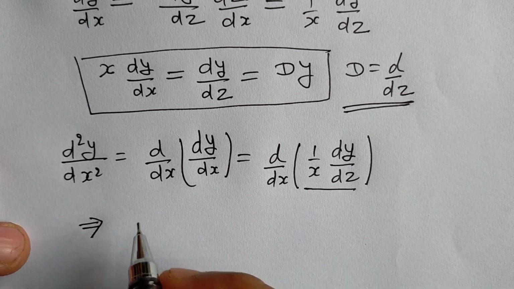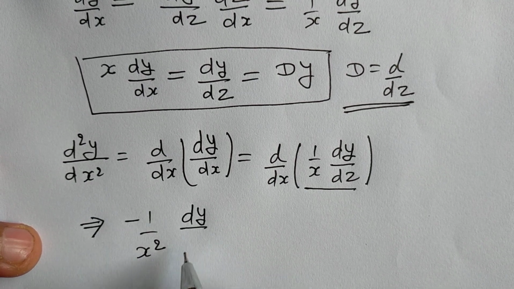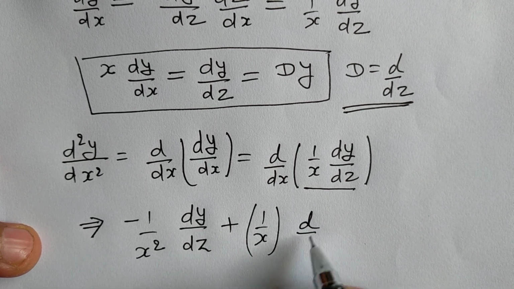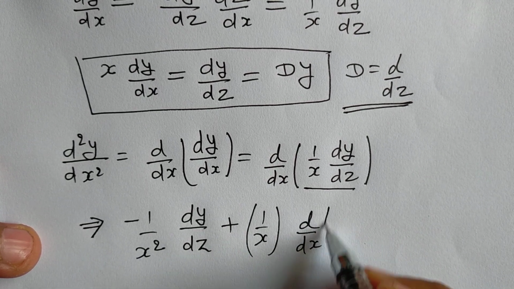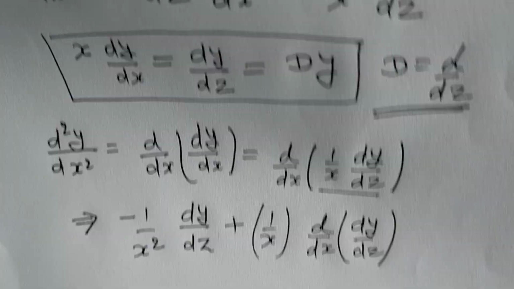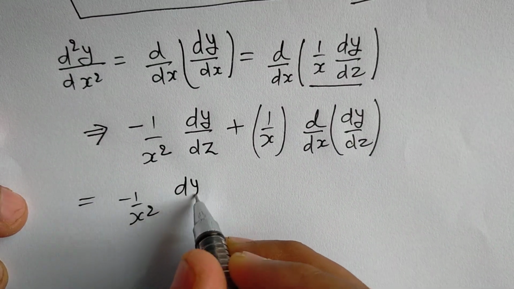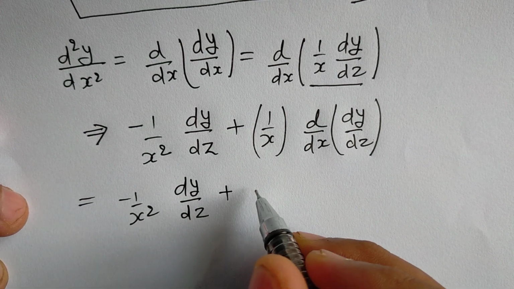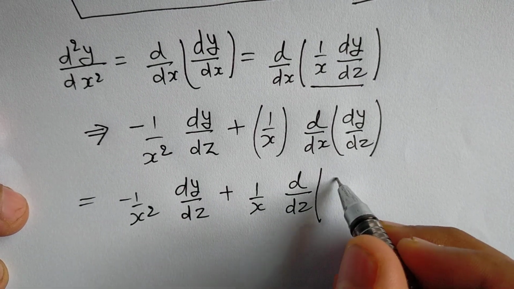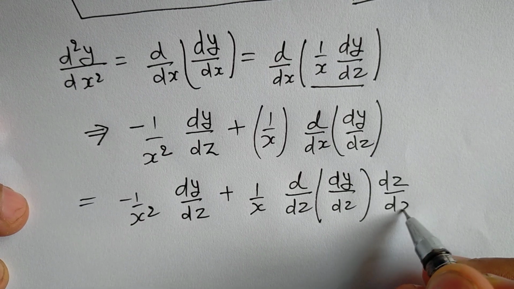So we have differentiation of first function into second one plus first function into differentiation of second function. So we have minus 1 by x square dy by dz plus 1 by x, and this can be d by dz of dy by dz into dz by dx.